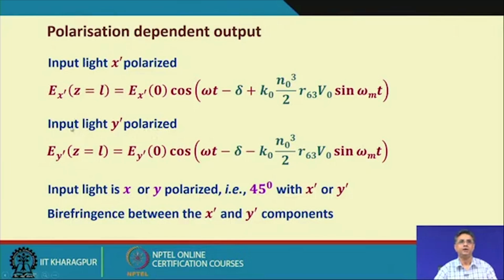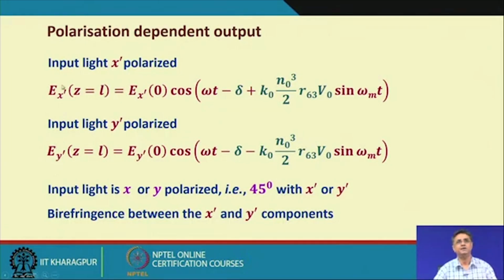But if the input polarization is y dash polarized, then the output waveform will have this form. Now, we have separately calculated the output for x prime and also for y prime.